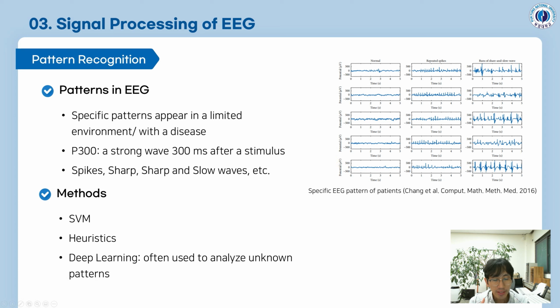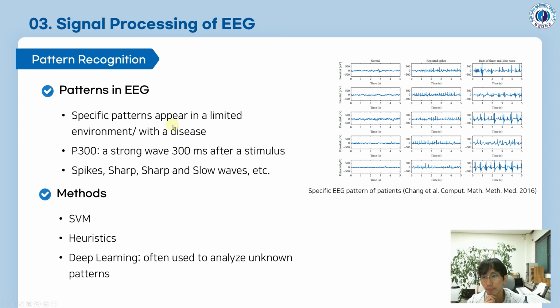But these days, because of deep learning, many people are trying to extract patterns directly and trying to develop an algorithms to recognize the raw signal directly. And this is one try.